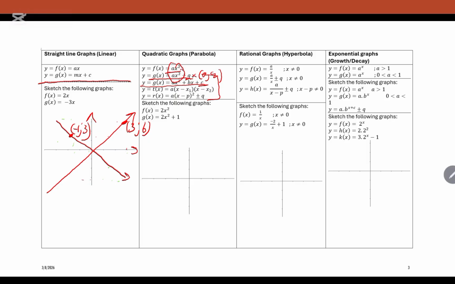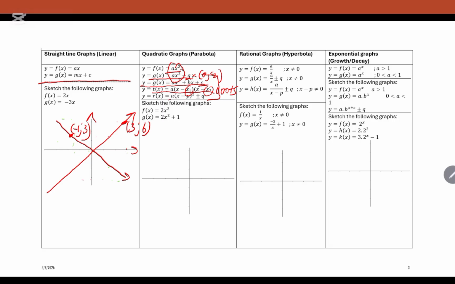When you look at the second last equation, it says f(x) = a(x minus x1)(x minus x2). So x1 and x2 are the roots of the equation. Therefore, they represent the x-intercepts of this graph.